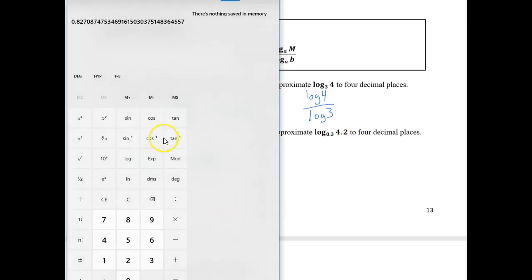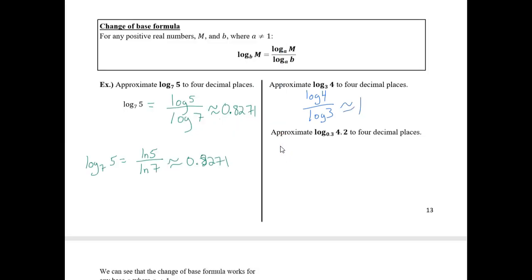So I'll get my calculator out. 4, take the log of it, divide that by 3, take the log of that, and what does that equal? 1.2618. Look to the right. This 5 says to round that 8 up to a 9. So 1.2619.